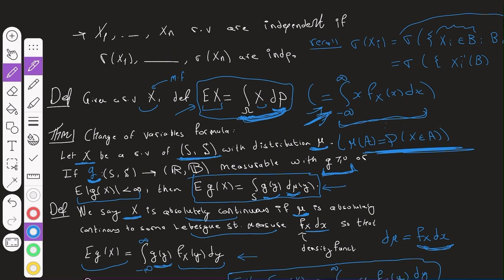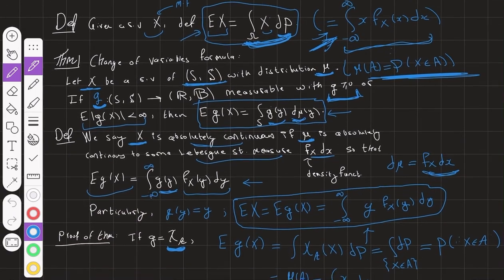But why is that? Well, it's true because it's just an integral, right? If I were to put x plus y instead of x here, I can of course separate the integrals and get the expected value of x plus the expected value of y. So every property that the integral has, of course the expected value will have it. So that's natural.